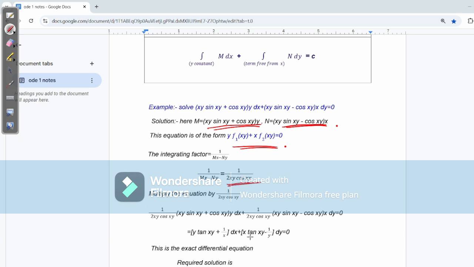Sin xy by cos xy gives tan xy, and this x remains here, and cos xy gets cancelled out, x gets cancelled out. Minus 1 by y dy equals 0. This is the exact differential equation which has been formed.